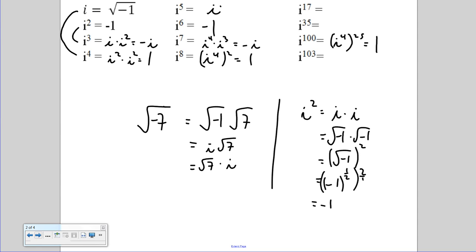Well, that's the easy case. But if I go to, let's say, i to the 17th power, that is i to the 16th times i. So it's just going to be 1 times i, which is just going to be i.